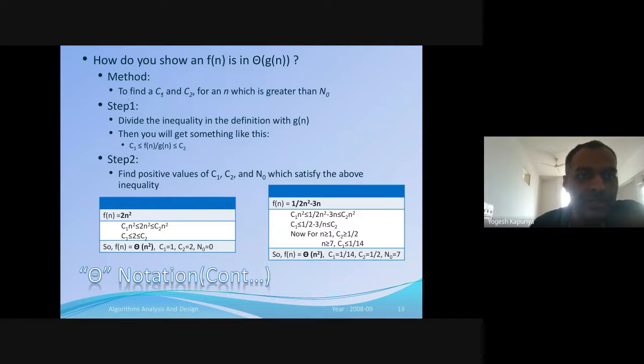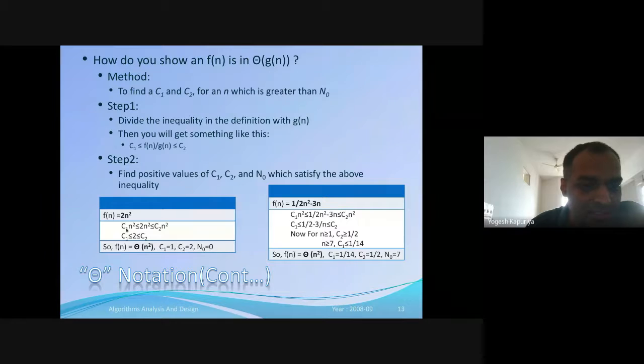The first step is obviously you need to find two constants C1 and C2. So when you just try to focus on this equation, let's say I want to compute for 2n square. Because there is an n square, I very much know that my g(n) will always contain n square.